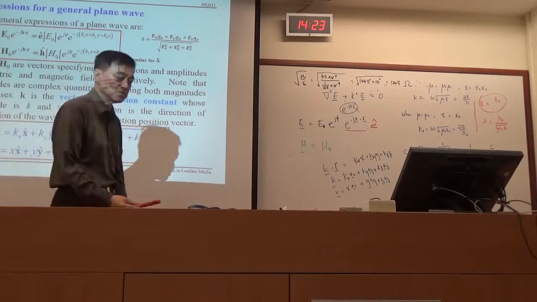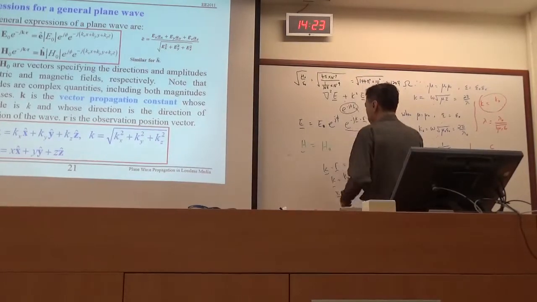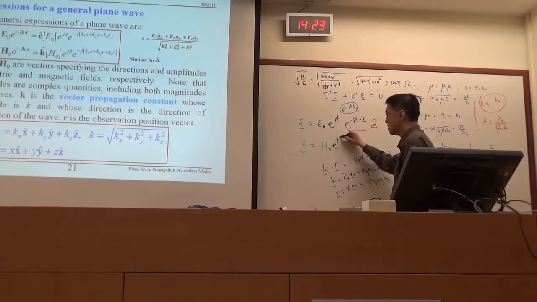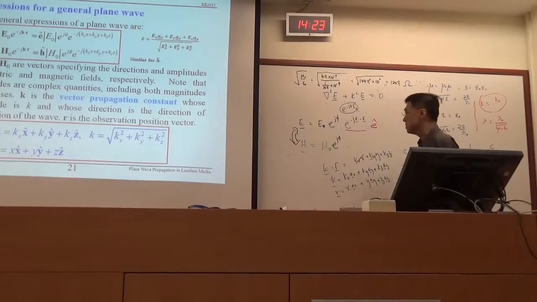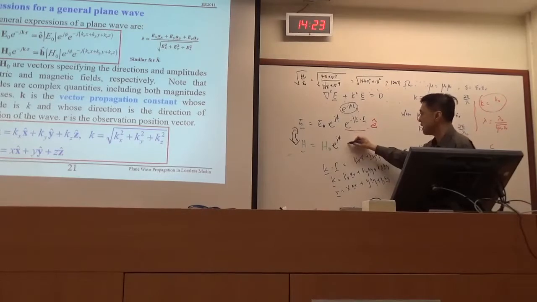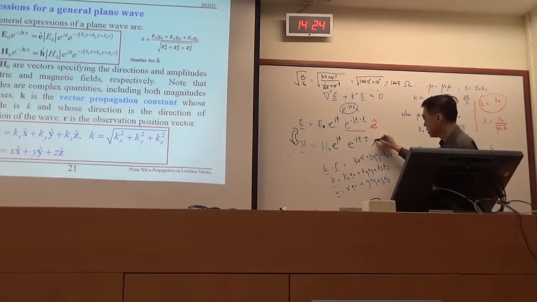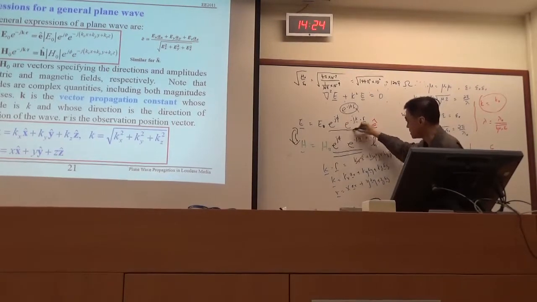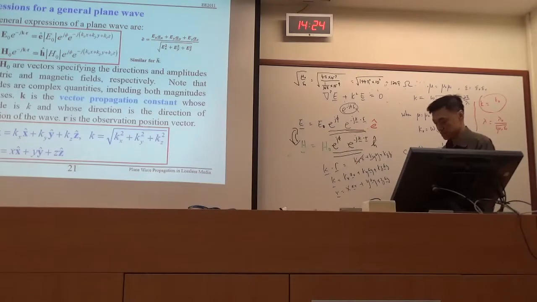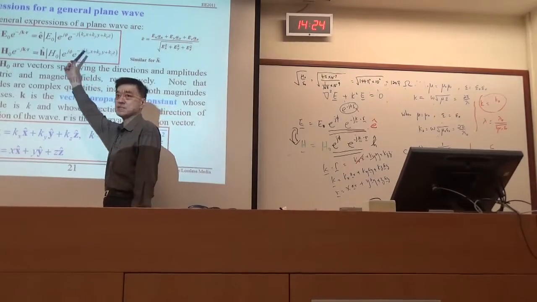Alright, so now I have the new set of solutions. Now similarly, because these two are of the same wave, you can see that they should have the same propagation. You see this and this must be the same. Must be the same set.